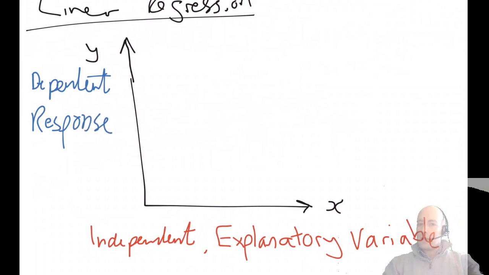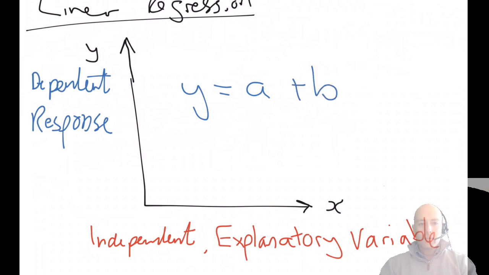X explains y, and y responds to x. So whenever we're doing a regression equation and coming up with an equation y equals a plus bx, we need to remember it's x that is describing y and not the other way around.